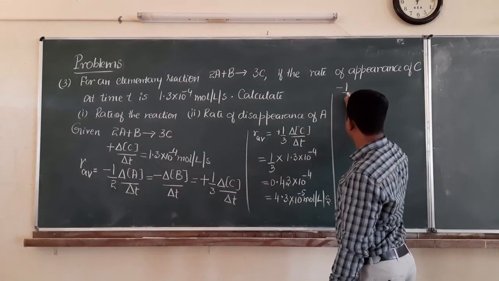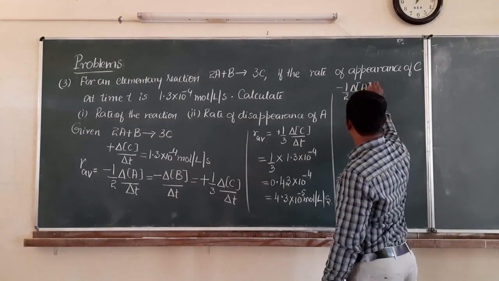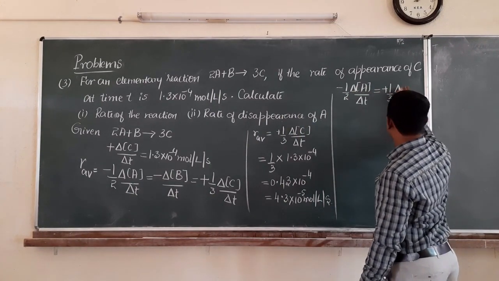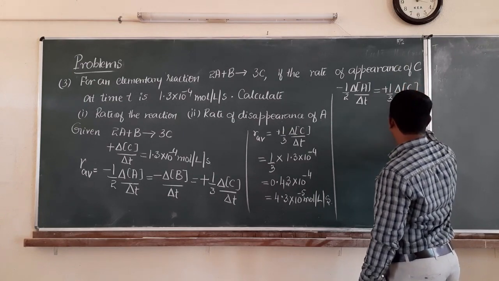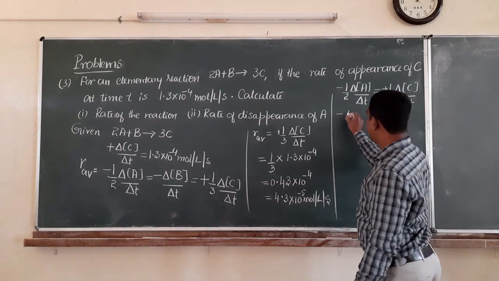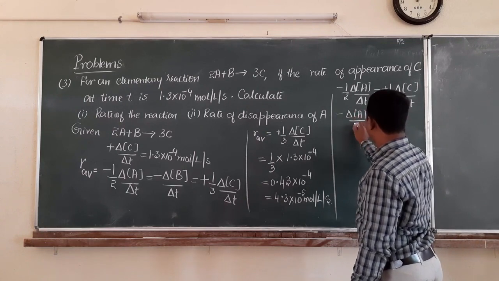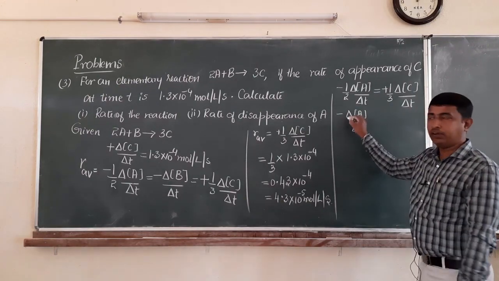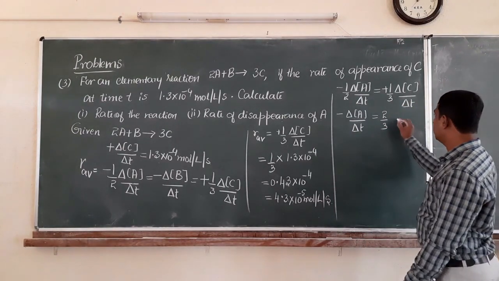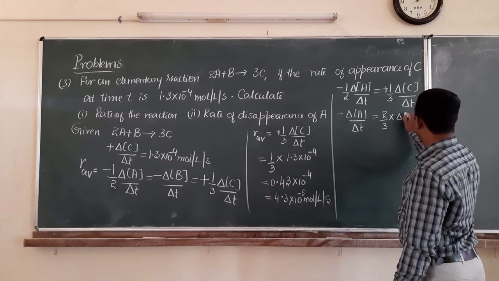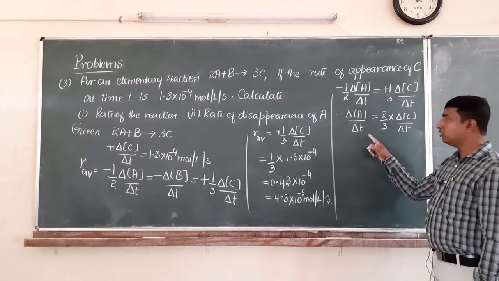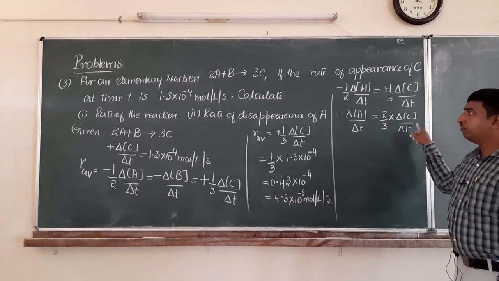That is minus 1 by 2 delta concentration of A by delta T is equal to plus 1 by 3 delta concentration of C by delta T. I will take the 2 to the right hand side, that is minus delta concentration of A by delta T. Now this is the rate of disappearance of A. It is equal to 2 by 3 into delta concentration of C by delta T. So the rate of disappearance of A is equal to 2 by 3 into the rate of appearance of C.